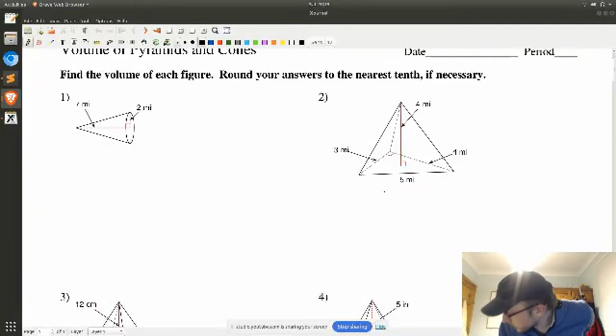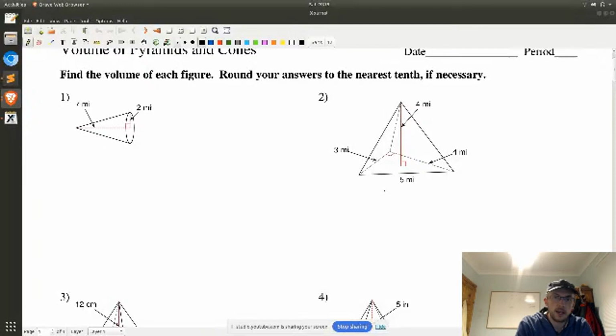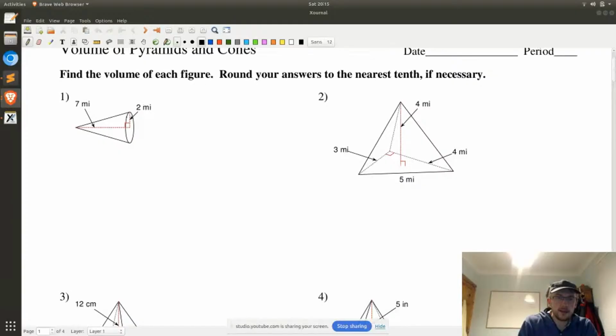So I know that for the general cone, it's a third of the base area times by the height. The base area is pi r squared, so 4 pi. So 4 pi times 7, 28 pi. And then 28 pi has to be divided by 3. All right.